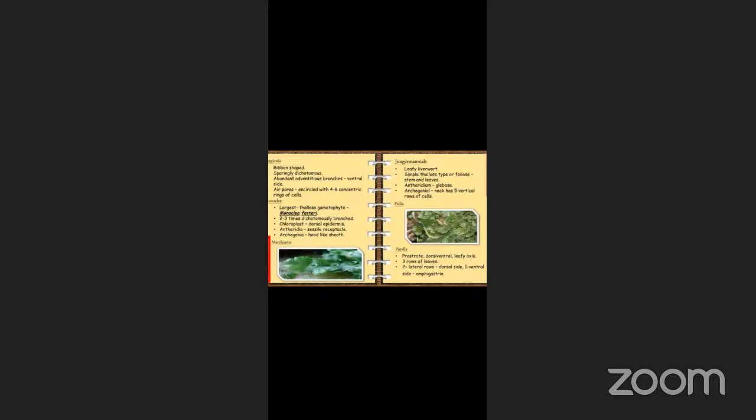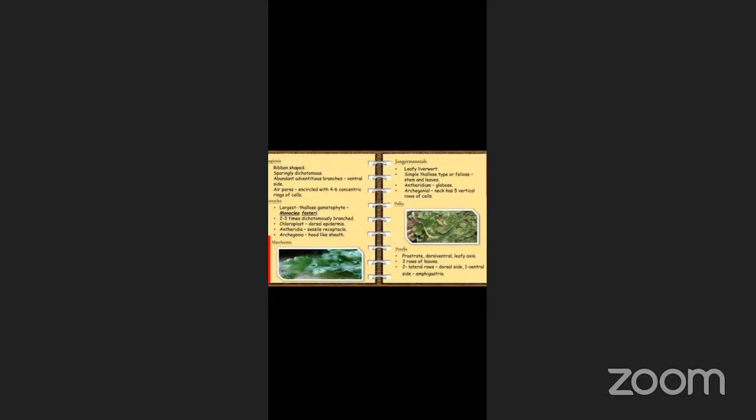Reduction means reducing of the thallus. In the retrogressive theory, the first part is reduction. Two theories are there. Here, the retrogressive type of evolution is there, and another one is the progressive type of evolution.